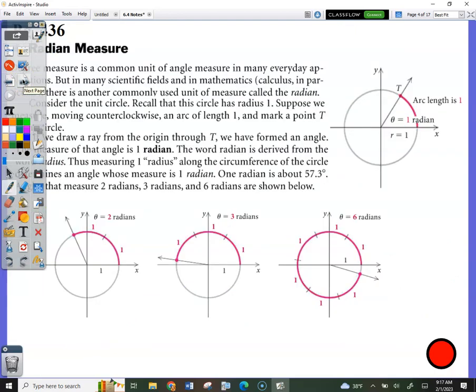Radian measure. Okay. We're getting away from degrees and we're looking at what's called radians. They're the same thing. It'd be like 3 feet is the equivalent of 1 yard, right?